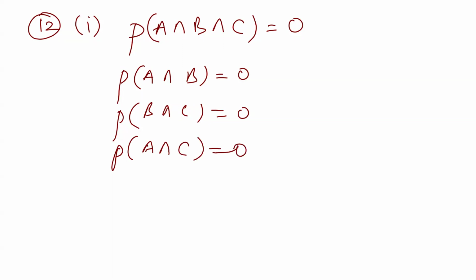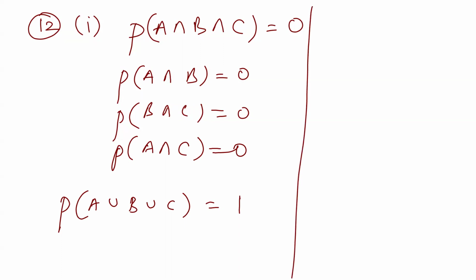And since it is exhaustive, P of A union B union C is equal to 1. So this data is given to us. Along with this, they have given P of B is equal to 3 by 2 P of A.